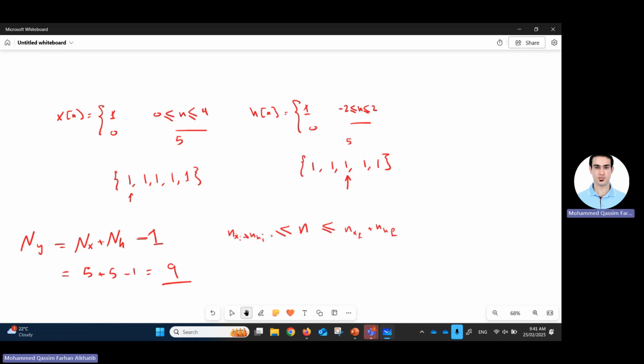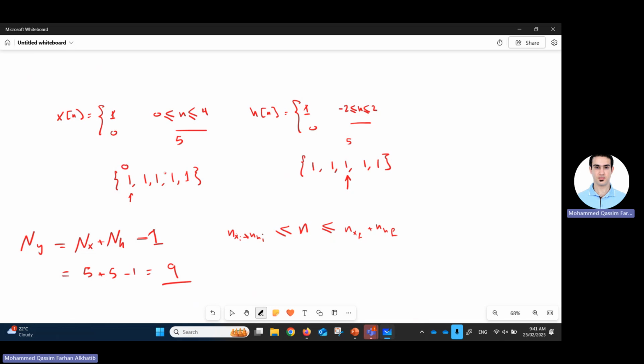Basically, it means that my output will be between the two initial points of X and H and the final points of X and H. So in here, what's the initial value I have?